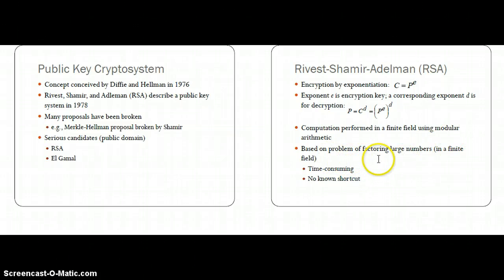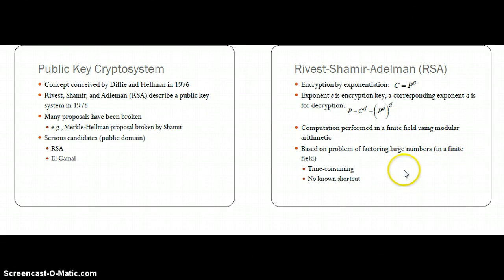It is based on the problem of factorizing large numbers in a finite field. It means that the keys D and E come from modular arithmetic on two large prime numbers, P and Q. Then P minus 1 times Q minus 1 gives N, which is modular arithmetic.